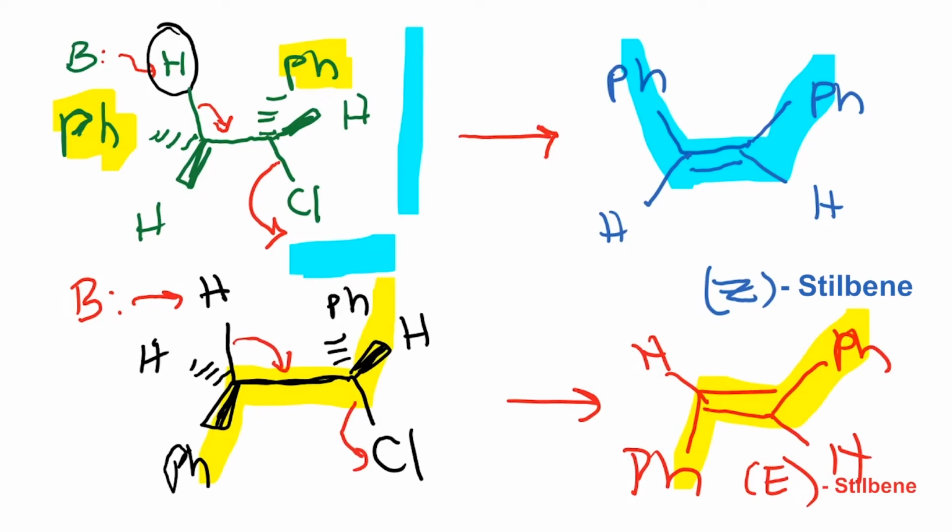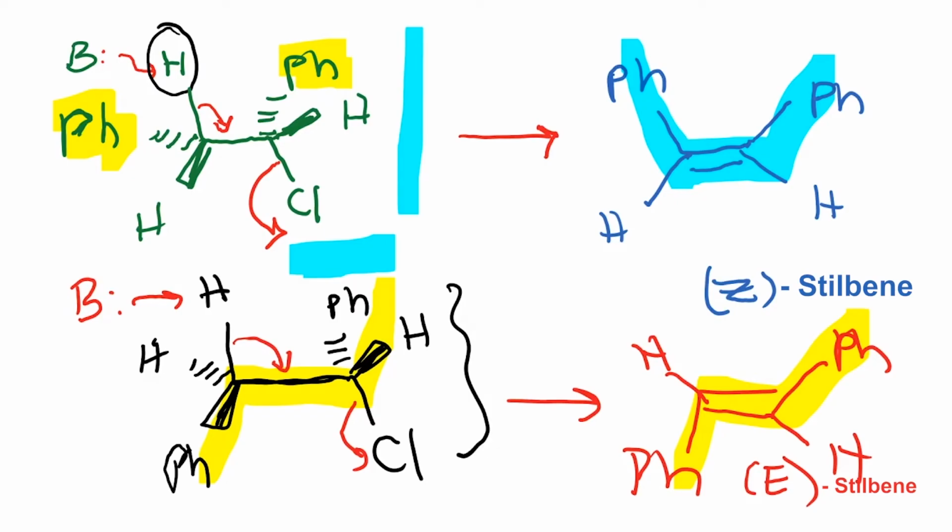product. Okay, so now one would be very tempted to say that this conformation is more stable, and therefore the population of this conformation is higher, and it would give the E product, because we know that the E product is going to be the major product of this reaction.